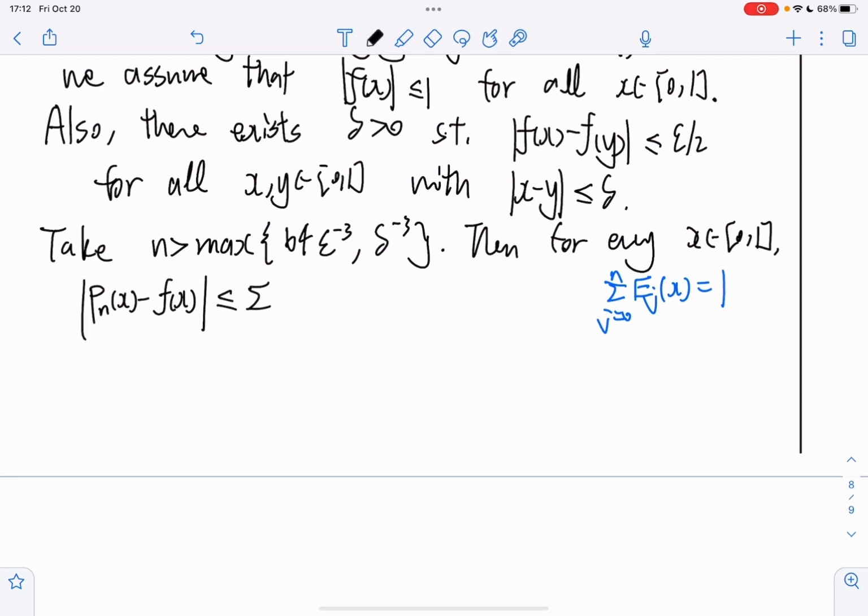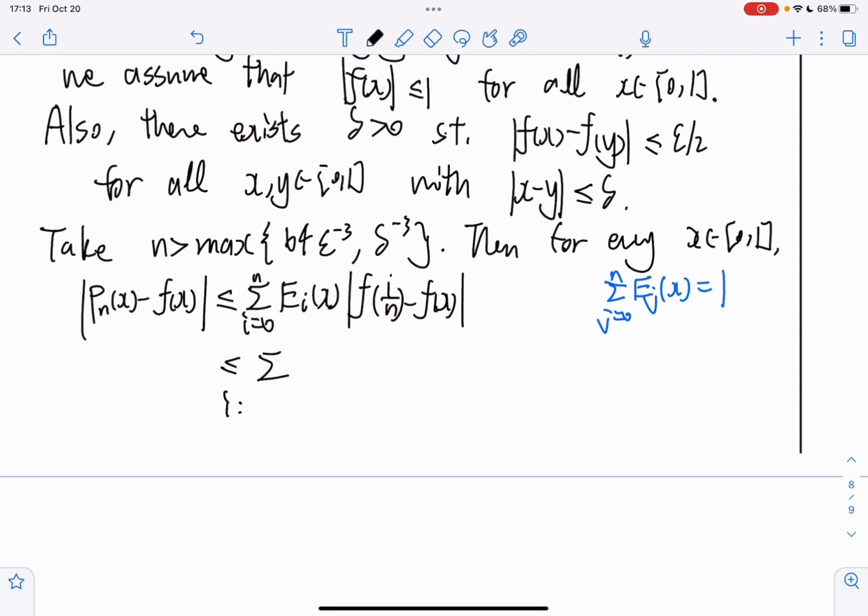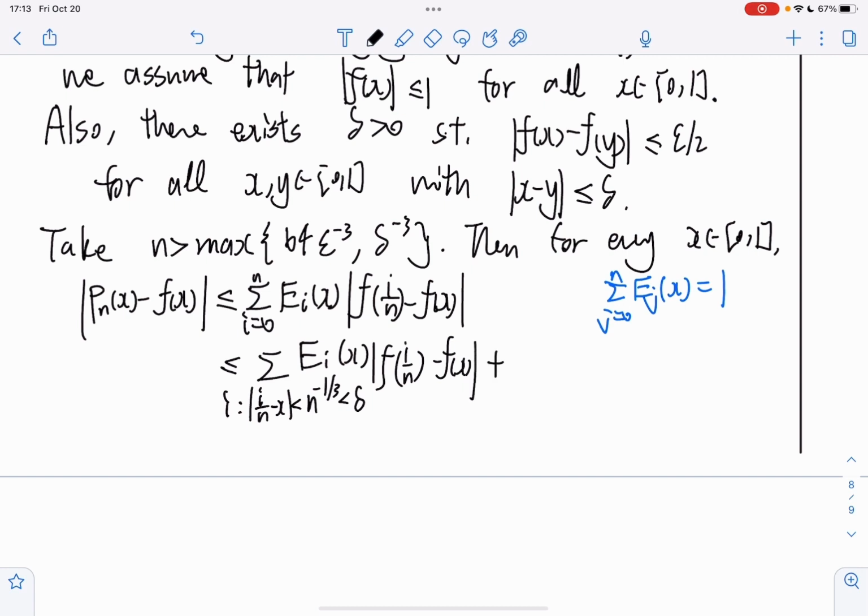This is bounded by the sum of all e_i(x) times the absolute value of f of i over n minus f(x). And this one is bounded by taking the summation over all i such that the absolute value of i over n minus x is bounded by n to the power of -1/3, which is smaller than delta, of e_i(x) times the absolute value of f of i over n minus f(x), plus the sum over i such that the absolute value of i minus nx is greater than n to the power of 2/3.